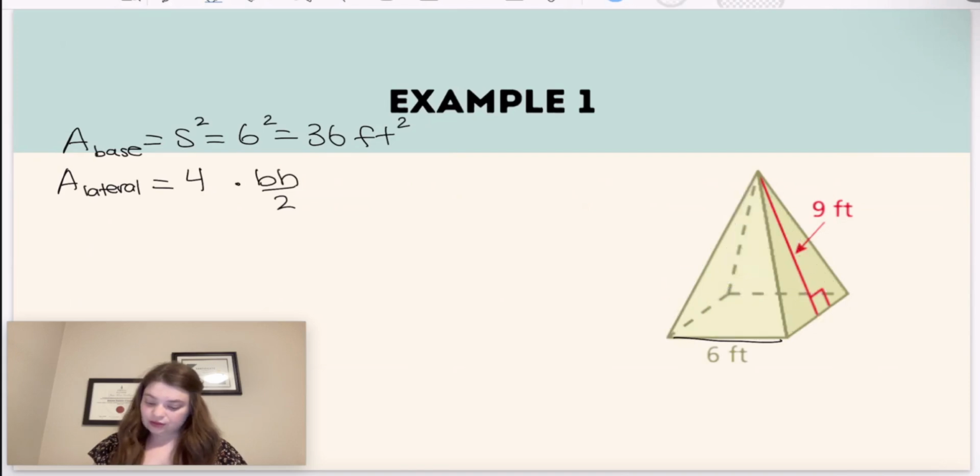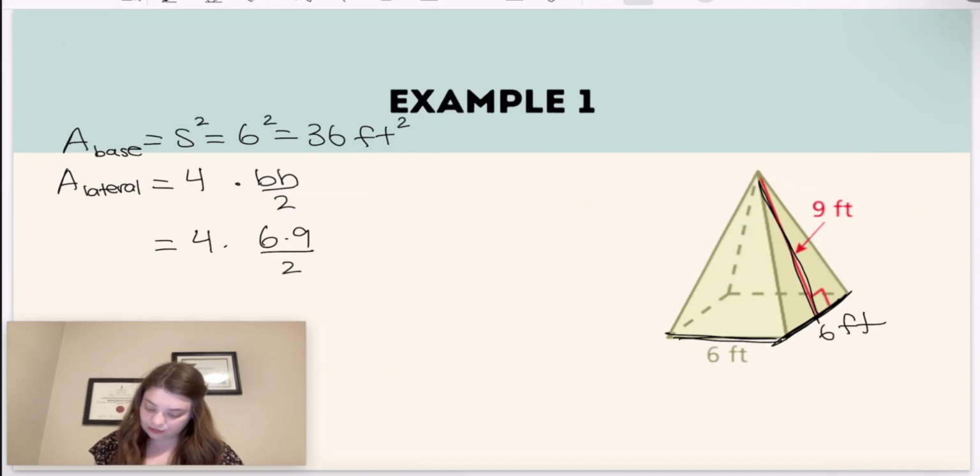Okay, so let's do that. What is the base and what is the height here? Well, the base is the same all the way around, so because it's 6 over here, it also must be 6 here and for all the others as well. And the height of the triangle specifically is 9 feet. And so therefore, it's going to be 4 times 6 times 9 divided by 2.